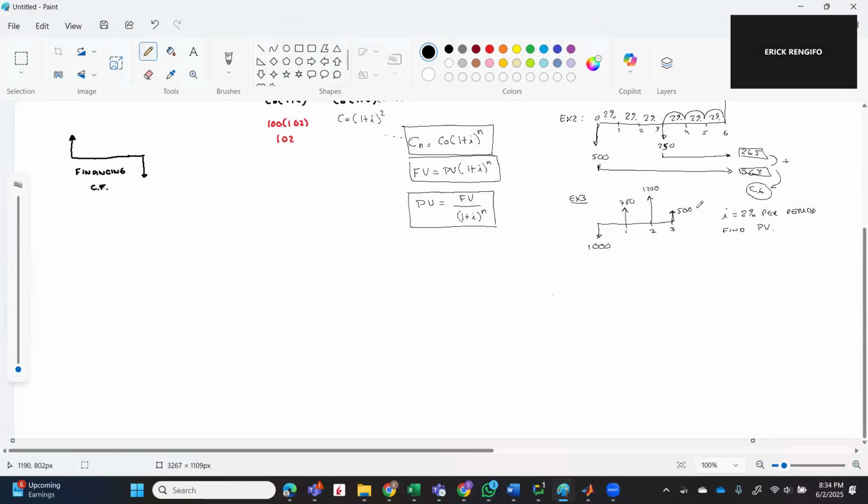So what I suggest you to do, guys, is create a matrix.